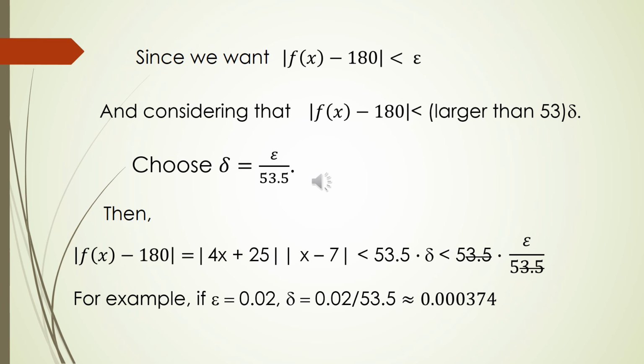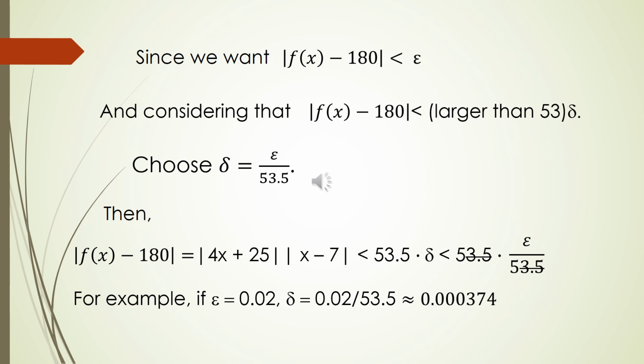Then the distance between the function and 180 is equivalent to those two factors. The absolute value of x minus 7 is delta, and we know that 4x plus 25 should be less than 53.5, because as you get very close to 7, the value of 4x plus 25 is going to be very close to 53. So at some point it becomes lower than 53.5.